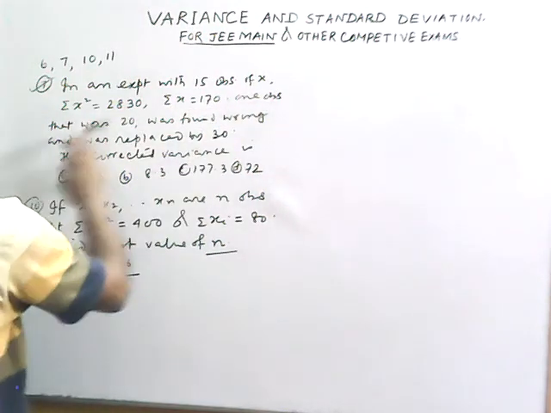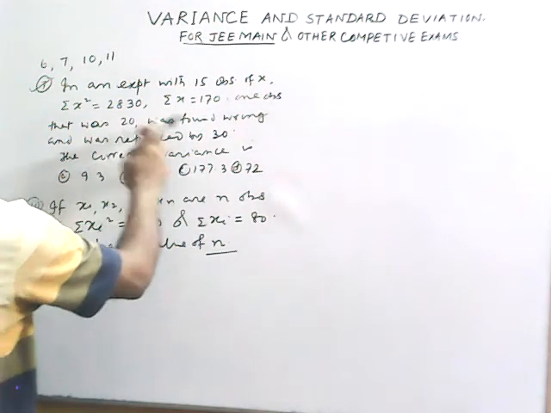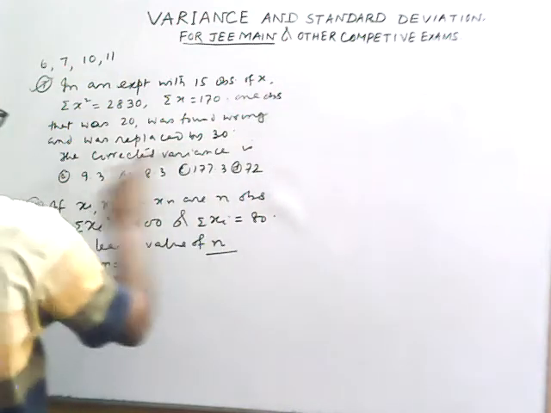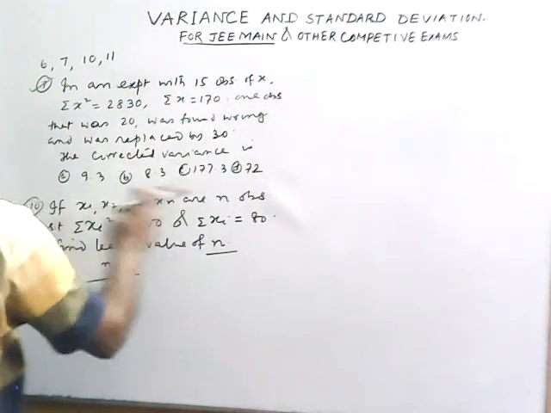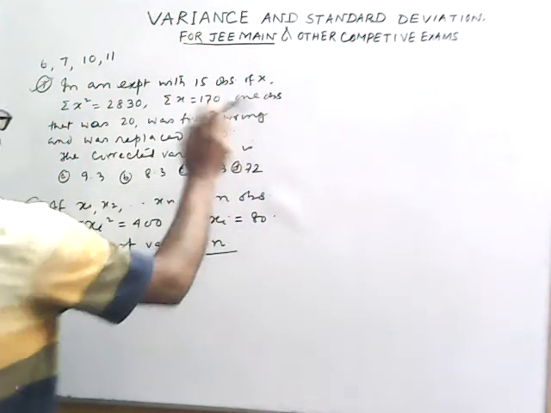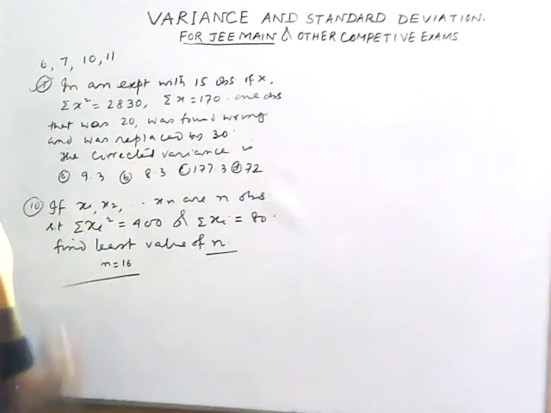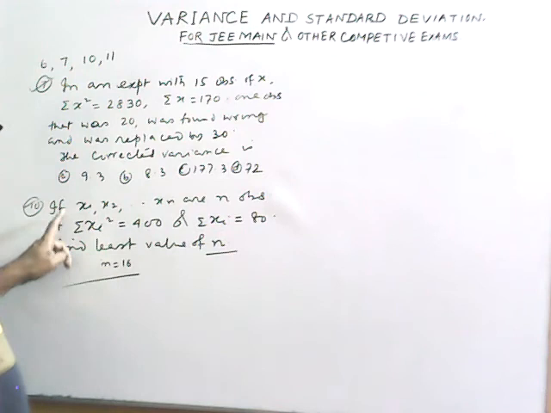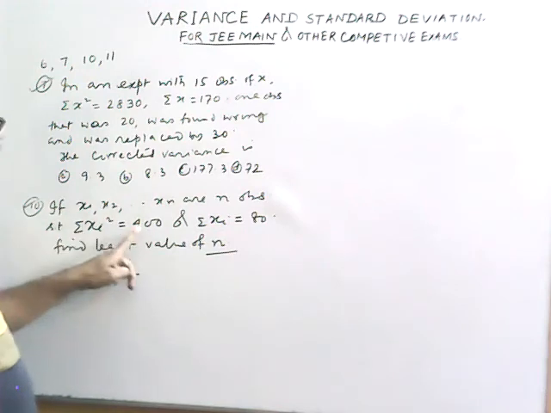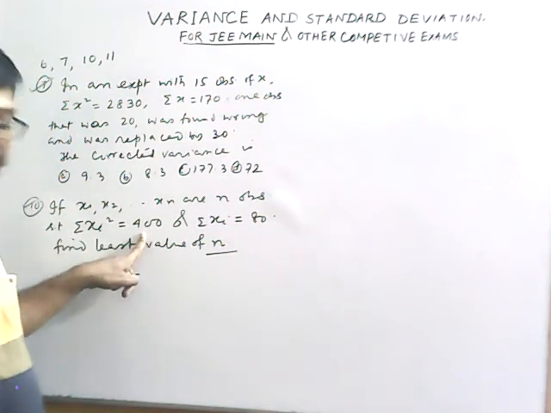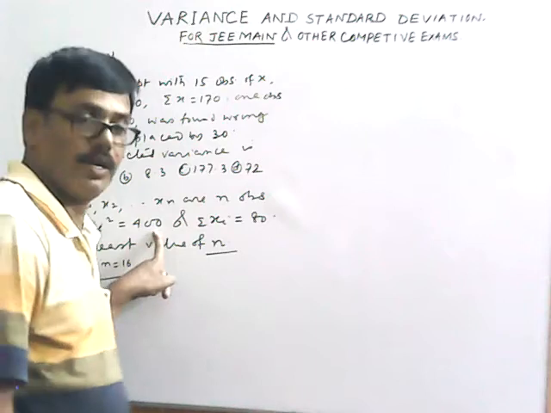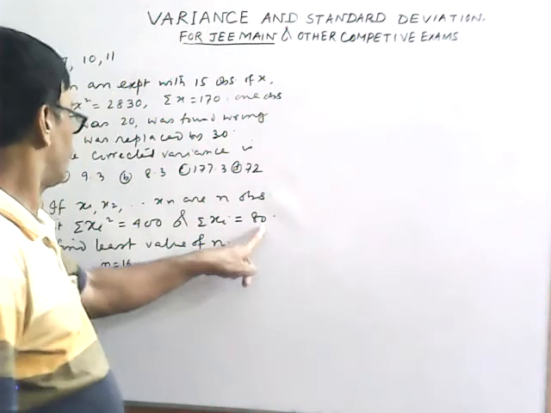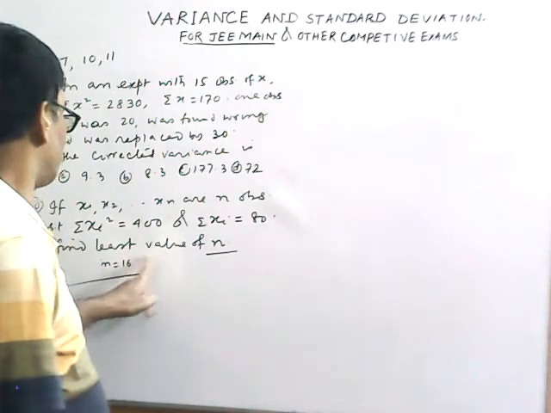One of the observations, that was 20, was found to be wrong and was replaced by 30. Find the corrected variance. And number 10, if x1, x2, xn are n observations such that summation xi square equals 400 and summation xi equals 80, find the least value of n.